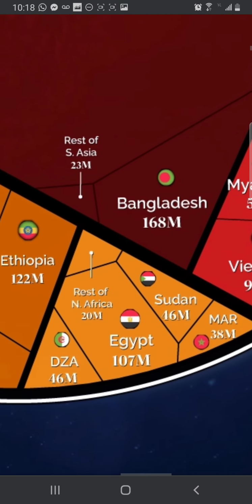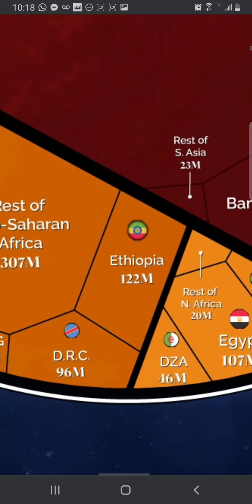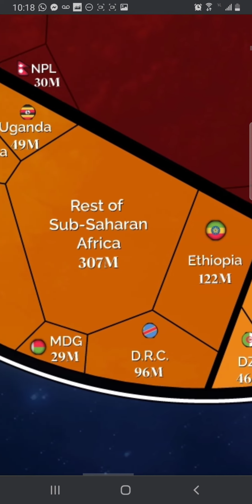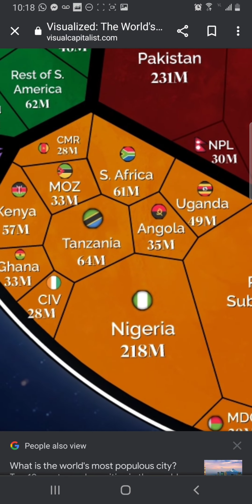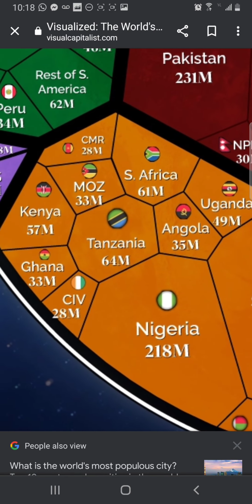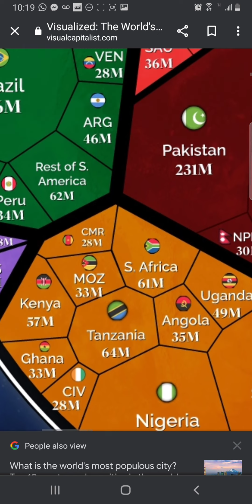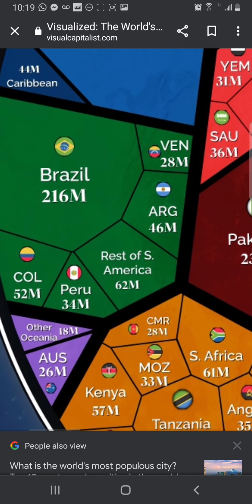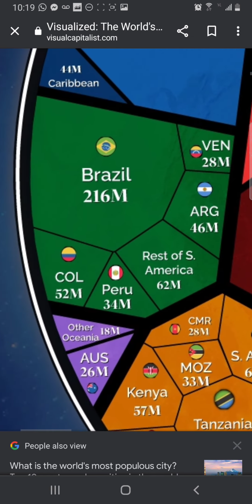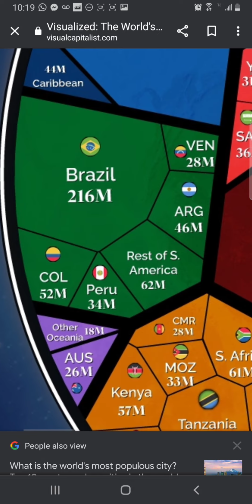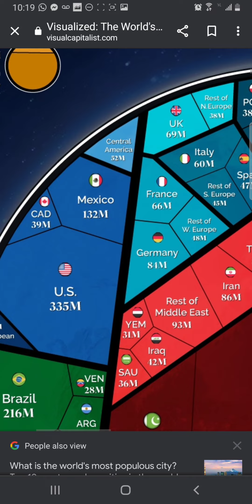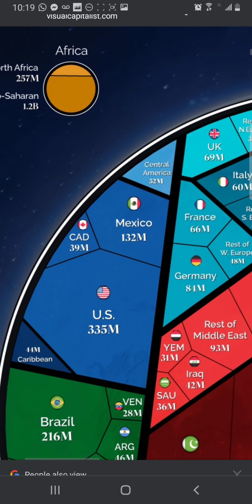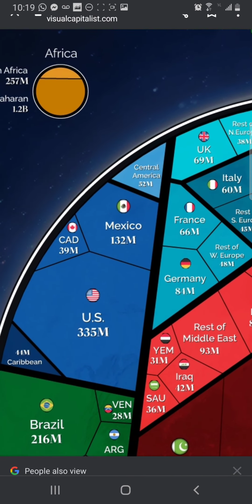Sudan, Egypt, Ethiopia, Uganda, South Africa, Kenya, Mozambique, Tanzania, Ghana, Angola, Brazil, Argentina, Venezuela, Peru, Canada, 39 million. Can you believe it? As big as Canada is, 39 million.